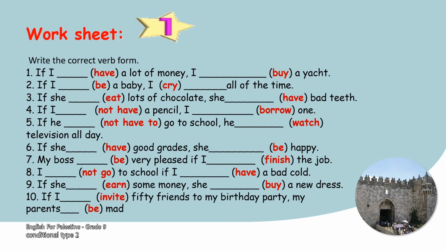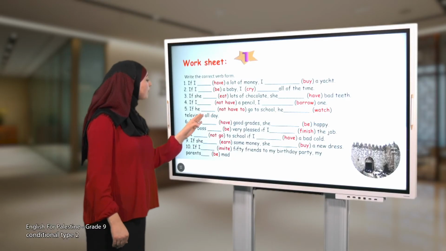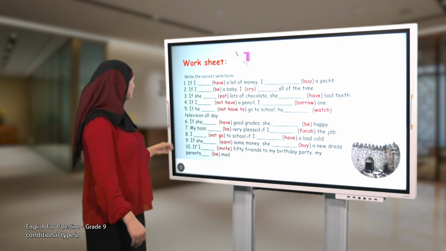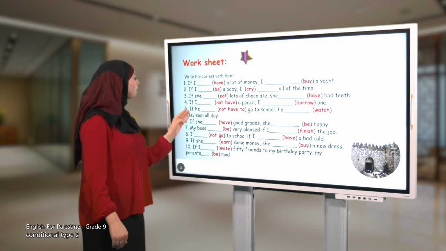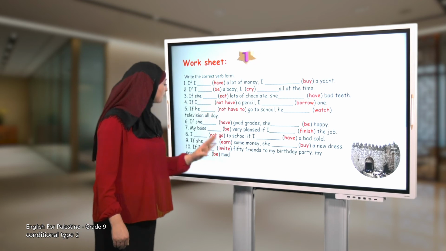Number 4, if I not have a pencil, I borrow one. Number 5, if he not have to go to school, he watch television all day. Number 6, if she have good grades, she be happy. Number 7, my boss be very pleased if I finish the job.